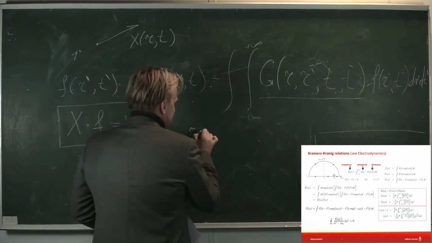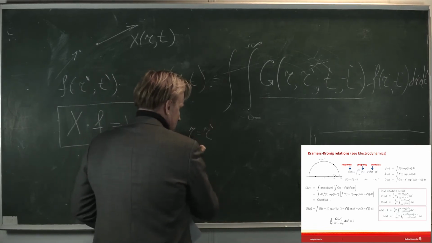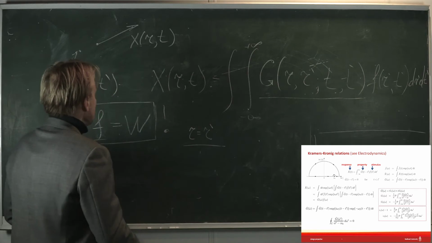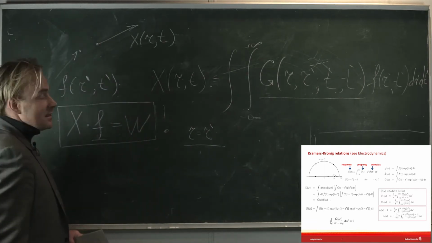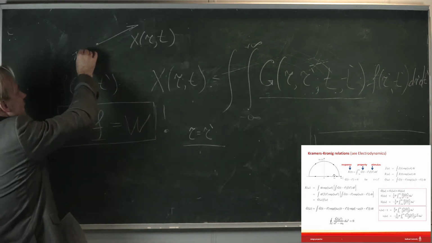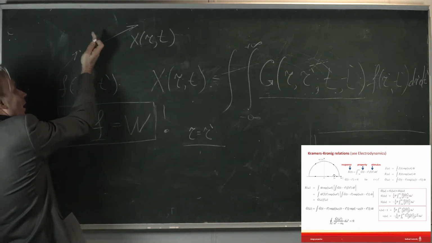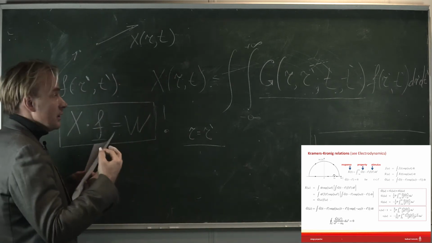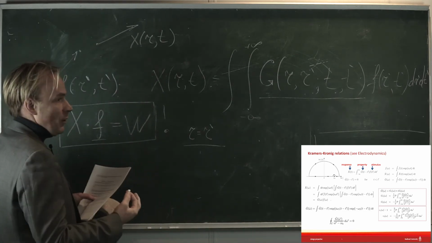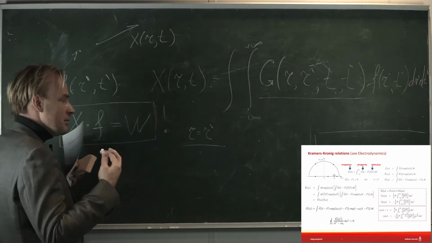So basically, we analyze a response in a specific point in space, and as a result of action of this force on this specific point. So basically, we neglect dependence on the coordinates. So the point in which we measure response is exactly the point where we apply force.